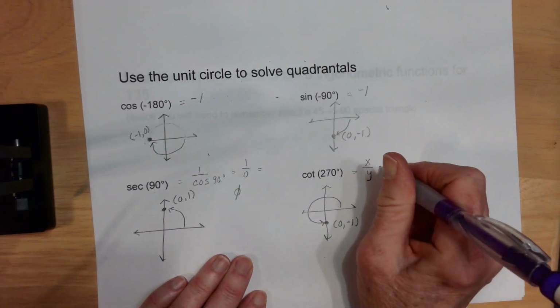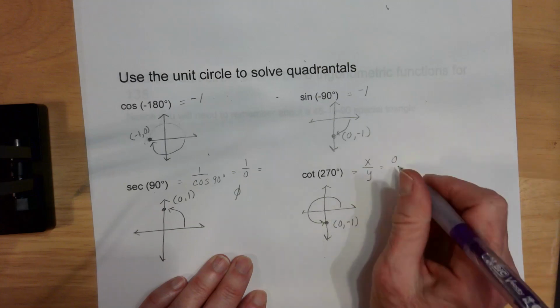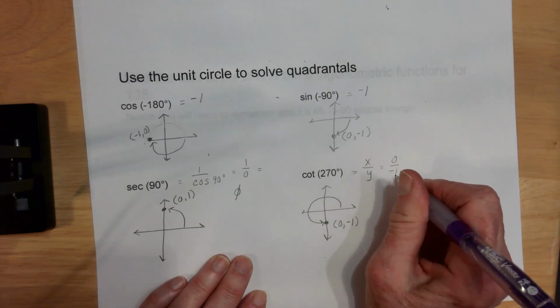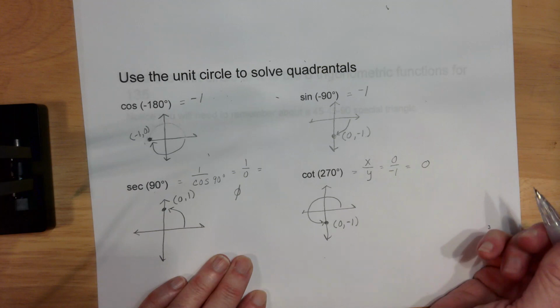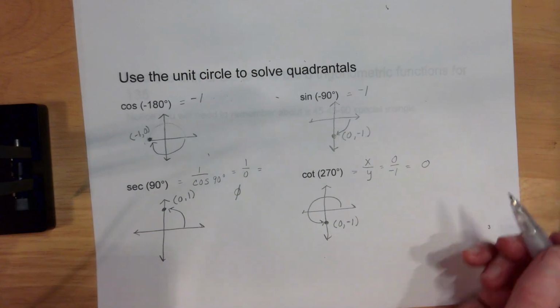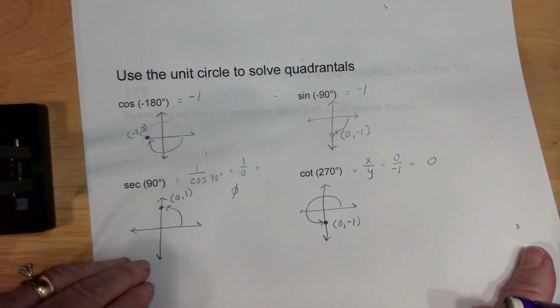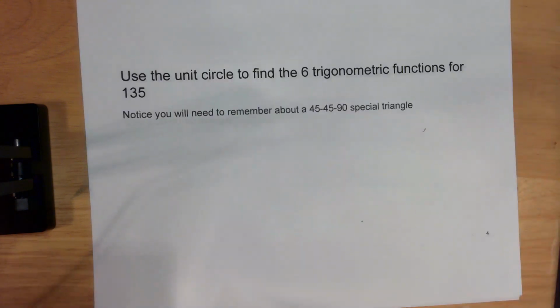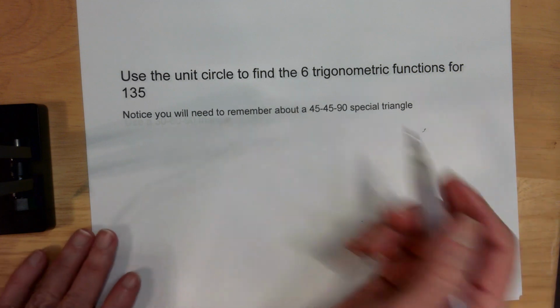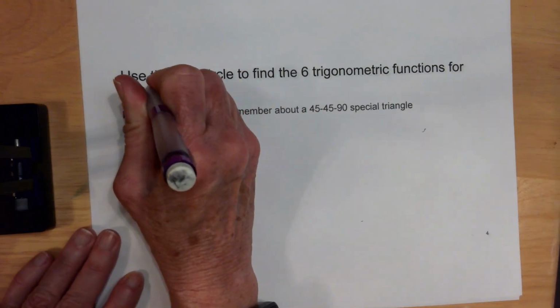The x value here is 0, the y value is -1, so my answer is 0. The cotangent of 270 would be 0. So I can use my unit circle to find the six trig functions.